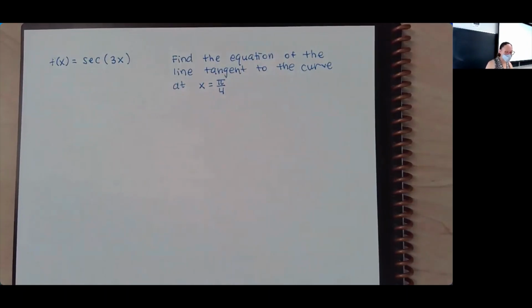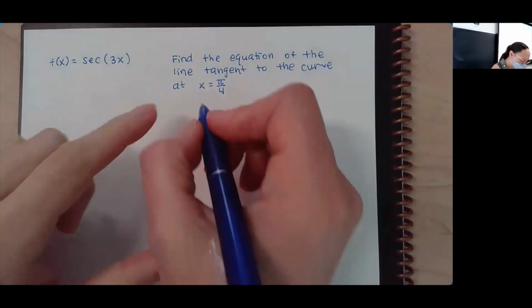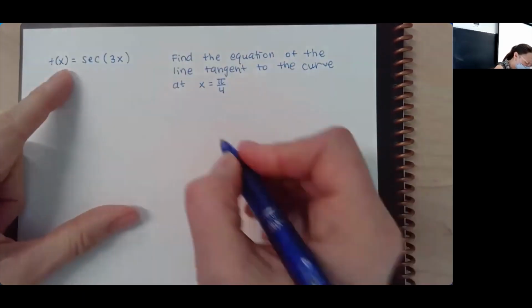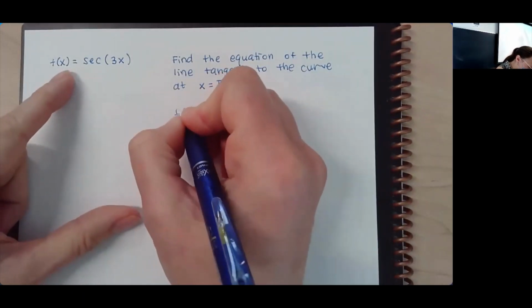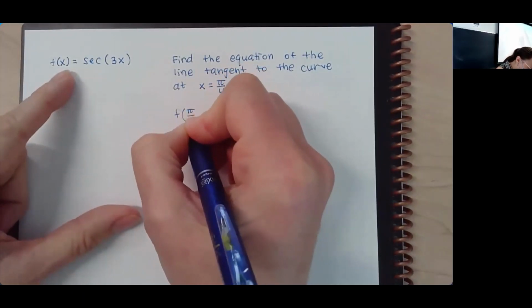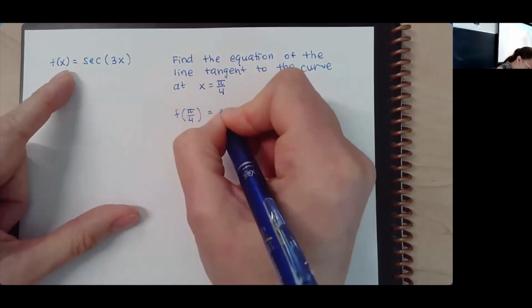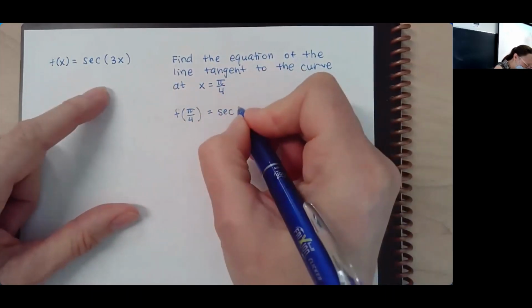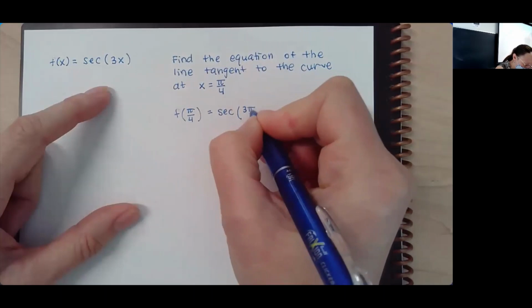Okay, so if I'm going to find the equation of a tangent line, I always need the same two things. I need a point and I need a slope. I gave us half of a point. So let's turn it into a whole point by plugging that x in to get a y value. So f of pi over 4, that's going to mean I'm looking for secant of 3 pi over 4.